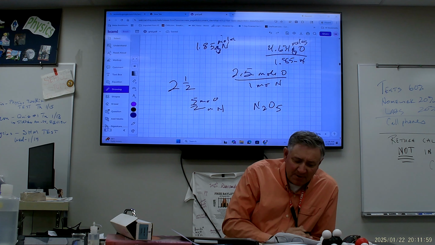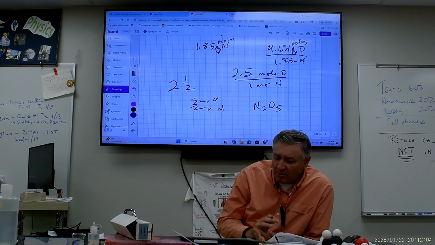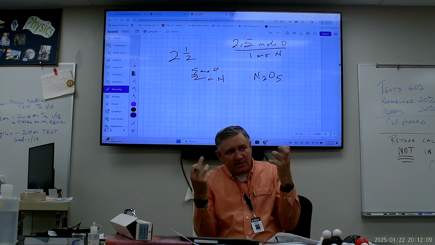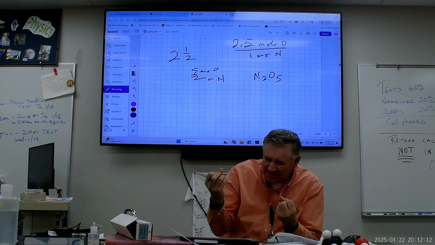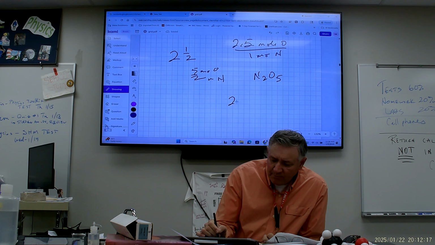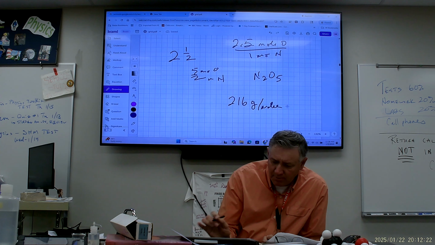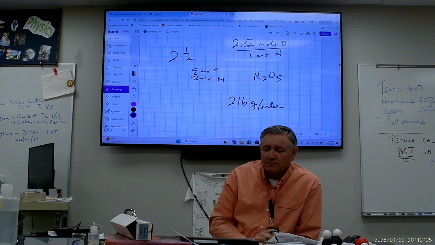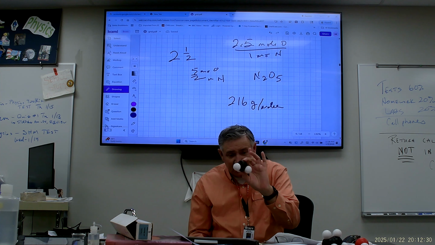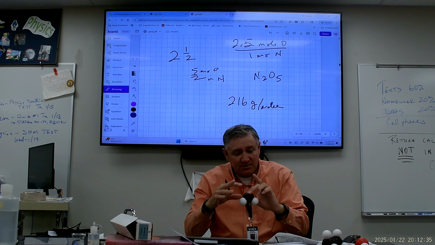Now, the next part says the compound from the treatment has a molar mass of 216 grams per mole. So what we're saying now is that when you look at the entirety of this molecule, and typically this is easier to do with gases, and you'll see that math later on, we realize the molar mass is 216 grams per mole. Okay? Cool. So just like the molar mass of this would be 12 because I got a carbon, and I got 3 hydrogens around here, this would be 15.